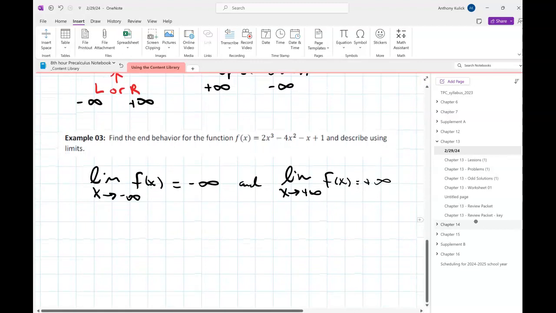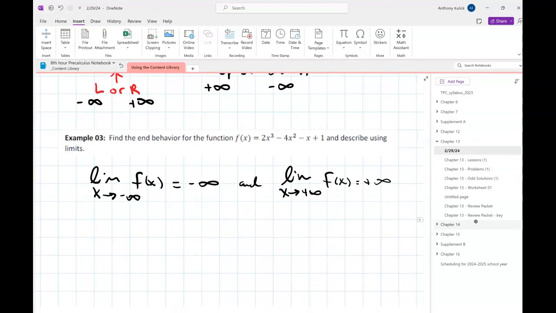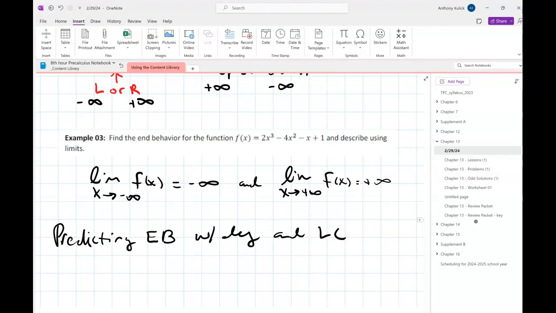For polynomials, though, it's possible to figure out the end behavior without drawing the graph at all. I can just look at the function and tell. So for polynomials only, I can do this. All I need is the degree of the polynomial and the leading coefficient.